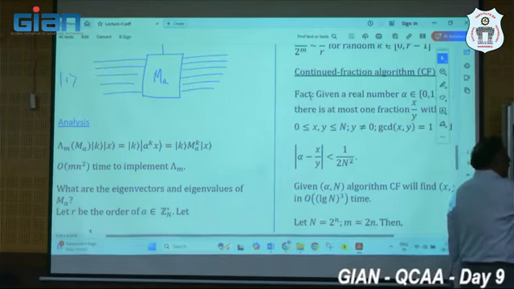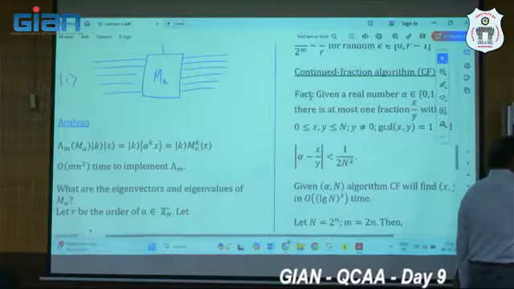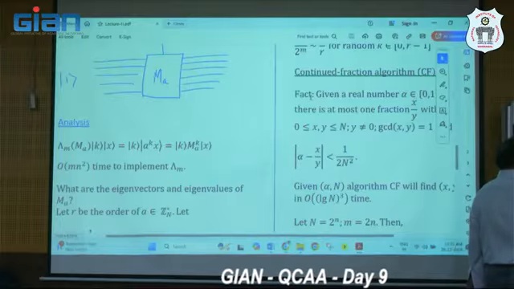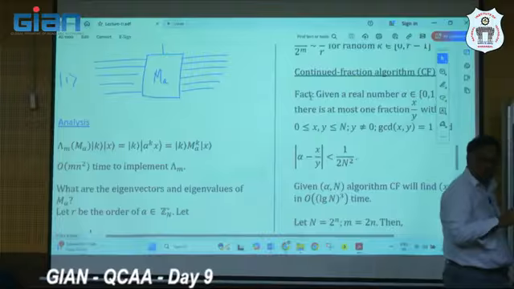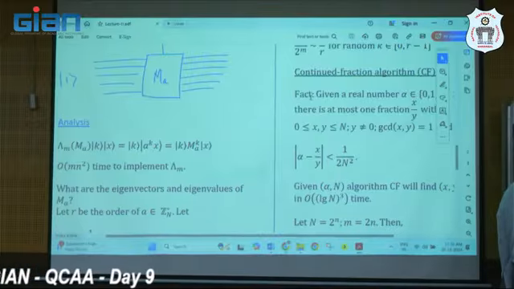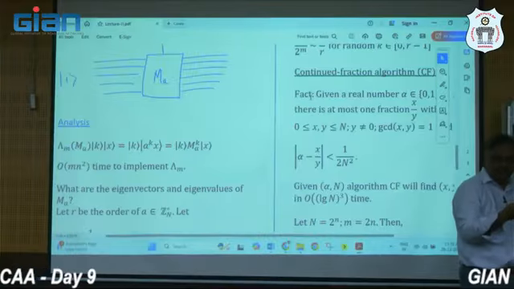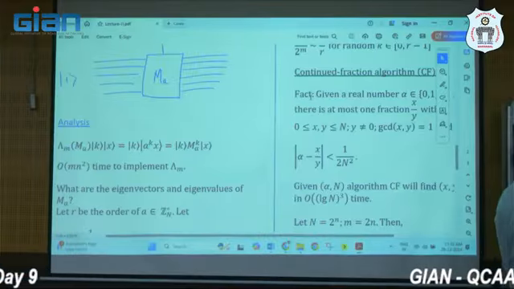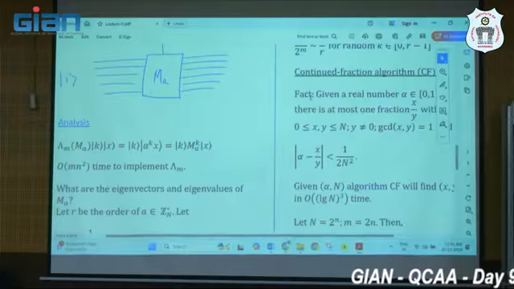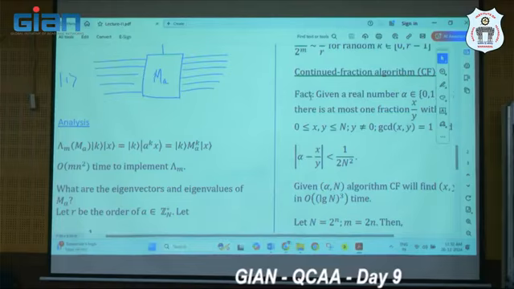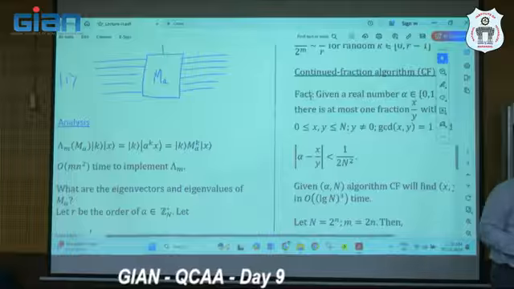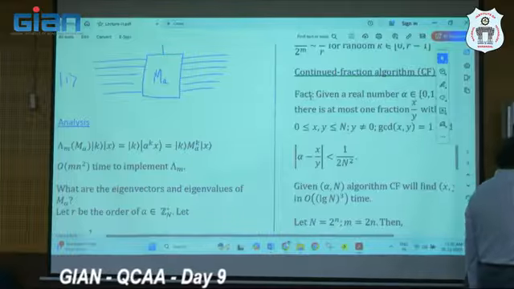A goes to a square, correct? Goes to a to the 4, which is the square of the previous one. This thing goes to this thing squared. We do it k times.